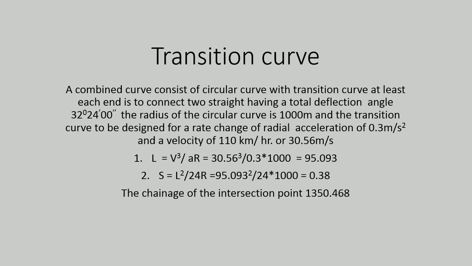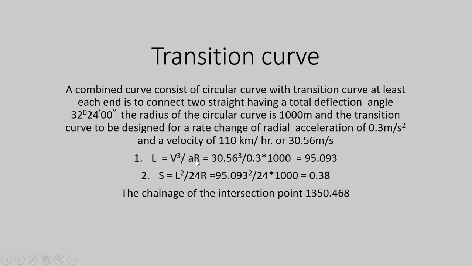So first we calculate the length of transition, which is v cubed over R, where v means the velocity of the car which we design, and R is the radius of the horizontal curve.